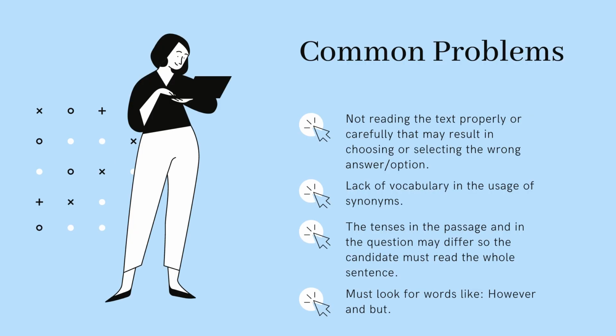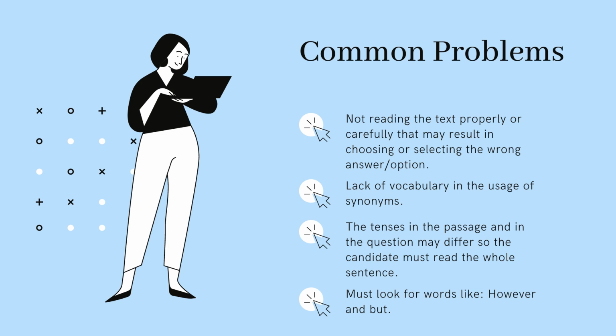Moving ahead to the common problems generally faced by candidates while solving multiple choice questions. The first problem is reading too fast, that is, not reading the text carefully and properly, which can result in choosing the wrong answer.